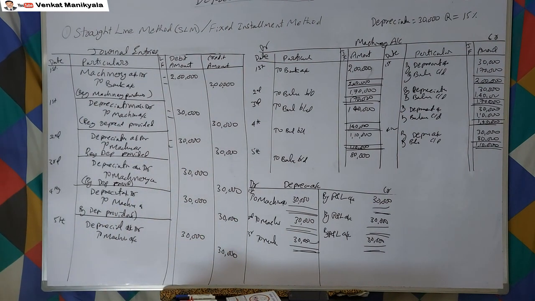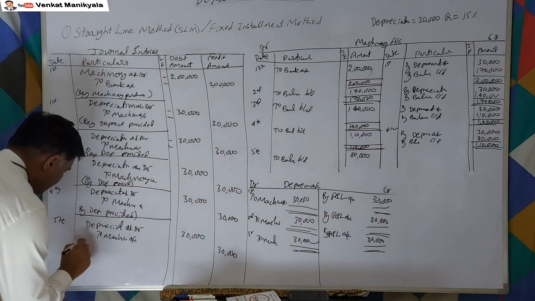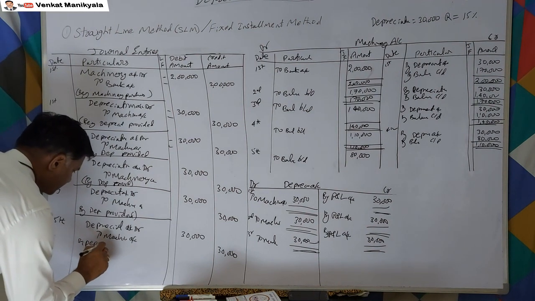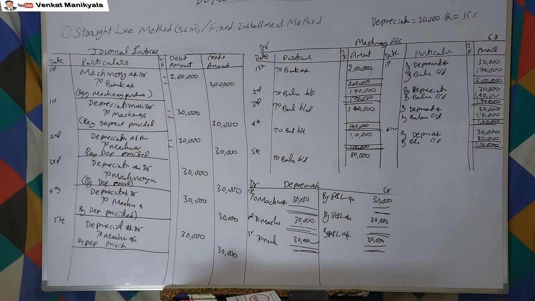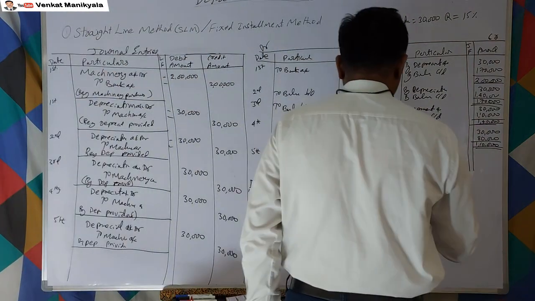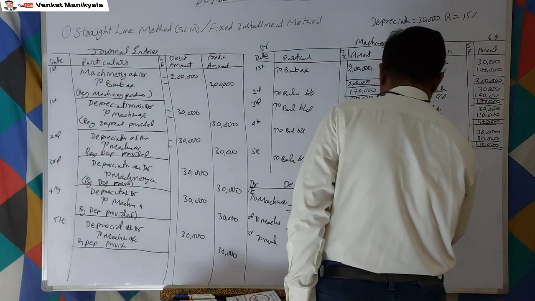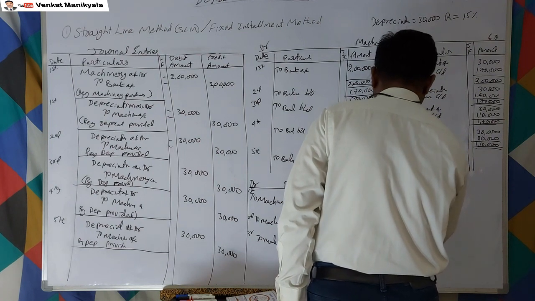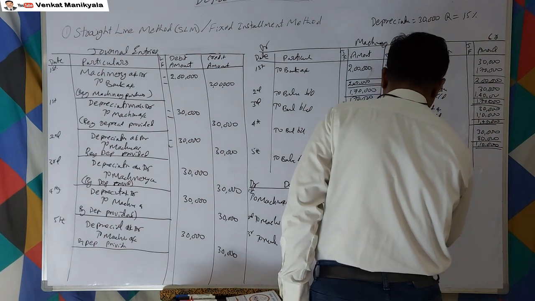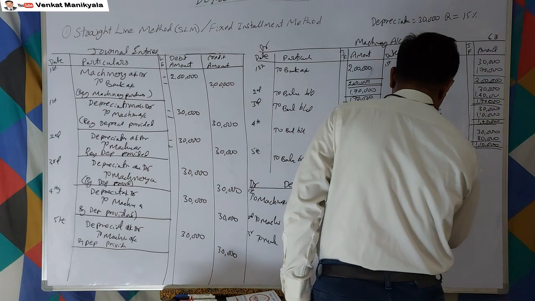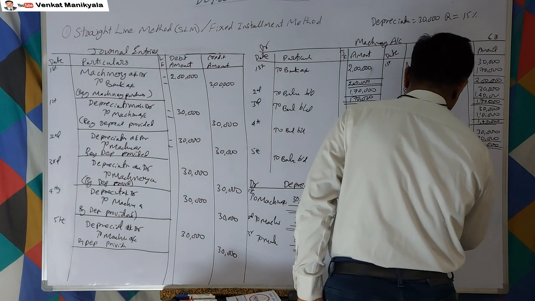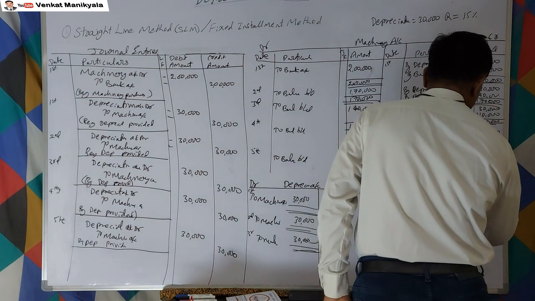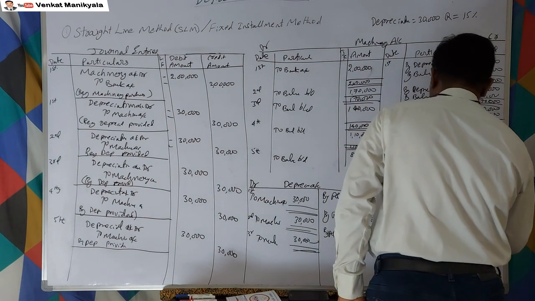So this we have to provide, being depreciation provided, right? But last year what happened? Last year we sold the machinery, sold out as scrap value, right? And fifth year depreciation I am posting by depreciation account 30,000, right?